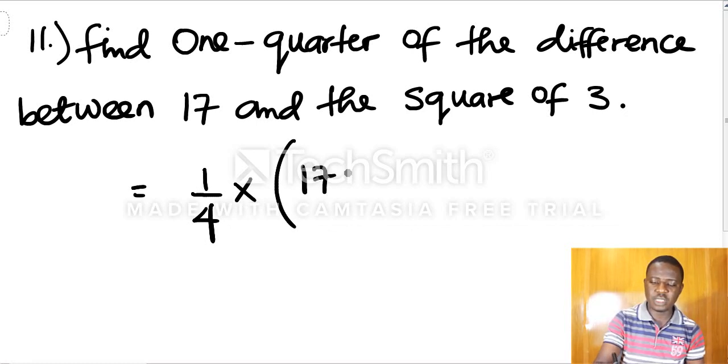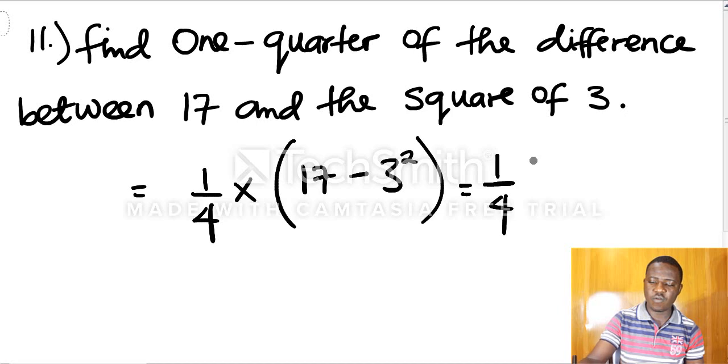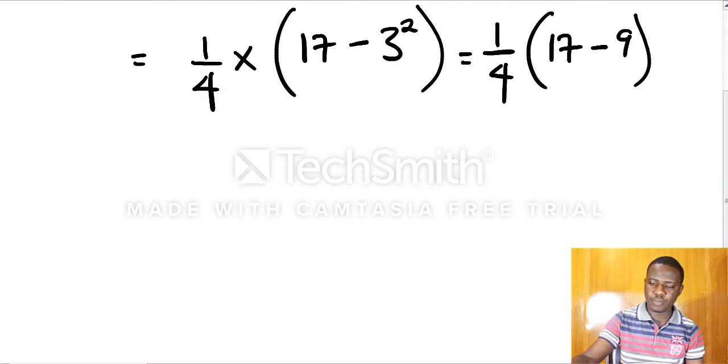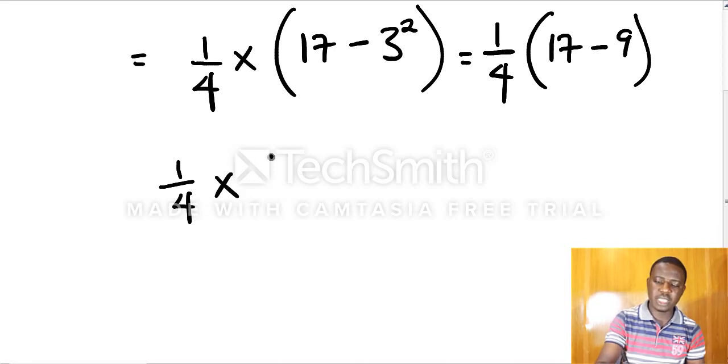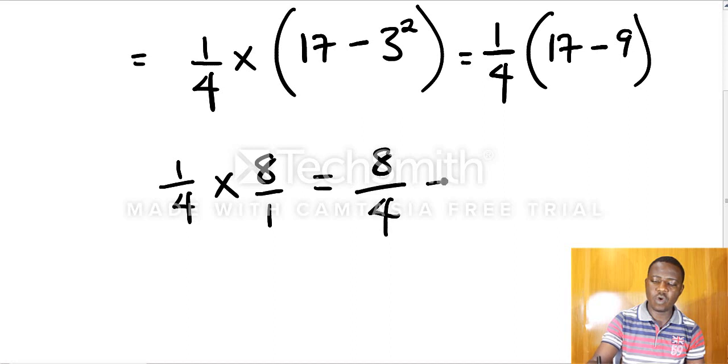This is 17 minus 3 squared, which is equal to 1/4 into bracket 17 minus 9, which will be 1/4 times 8, which is 8 divided by 4, which is equal to 2.